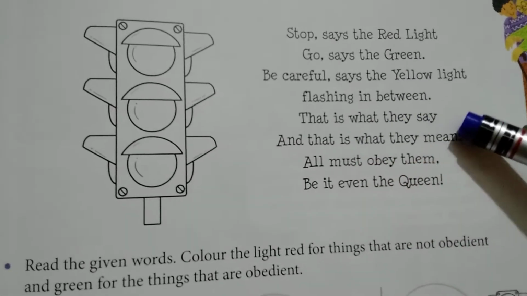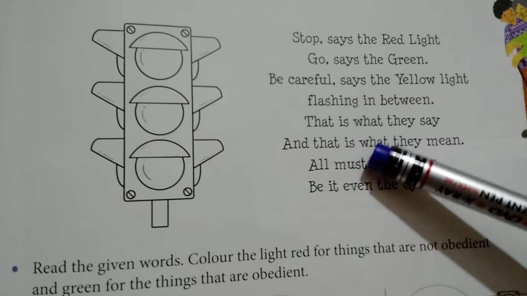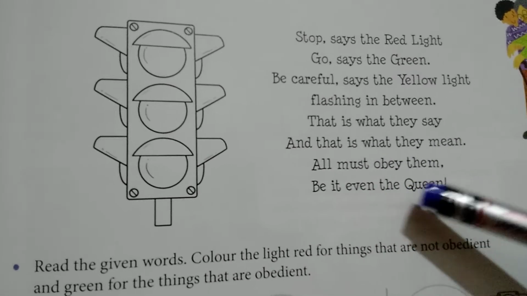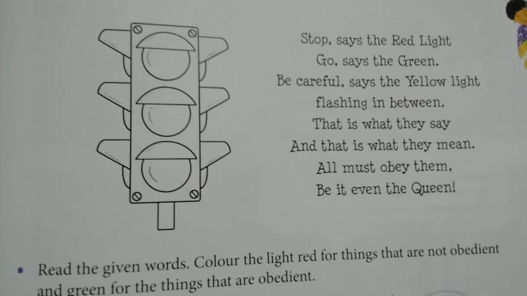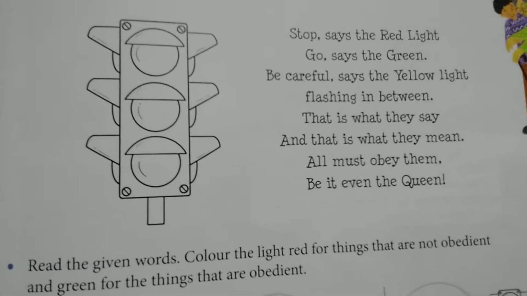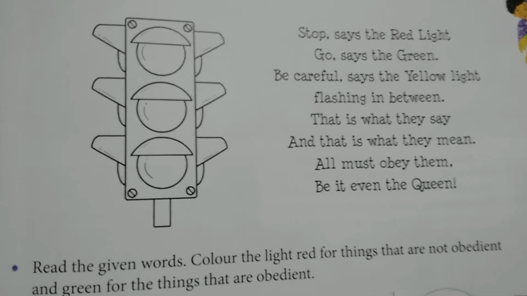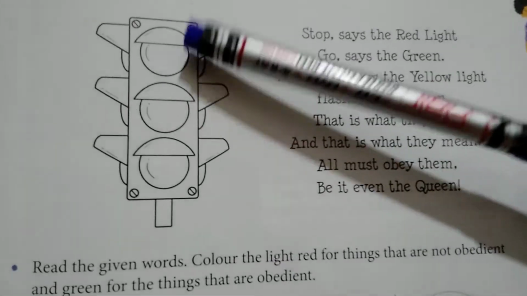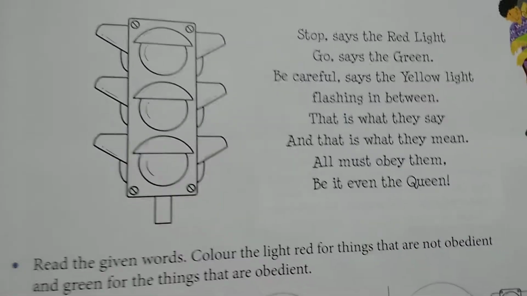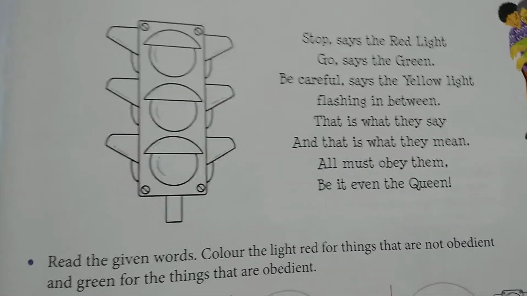That is what they say, and that is what they mean. All must obey them, be it even the queen. Even a king or queen, any big person should follow or obey the traffic rules. So here you color it red, here in yellow and green. Okay, and do it yourself.